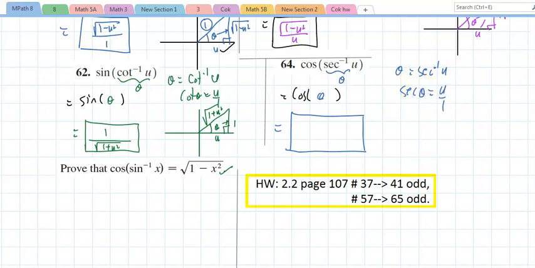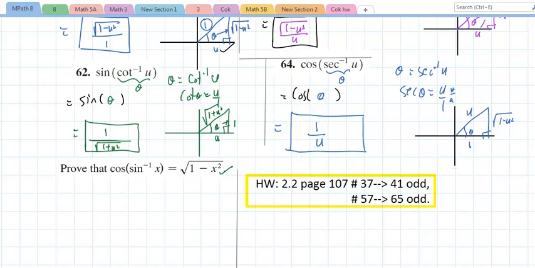I could draw my triangle. Cosine and secant go hand in hand. This is the hypotenuse over the adjacent. So the hypotenuse of this theta is u, the adjacent is 1. This is the square root of u squared minus 1. And I want the cosine, which is the adjacent over the hypotenuse.